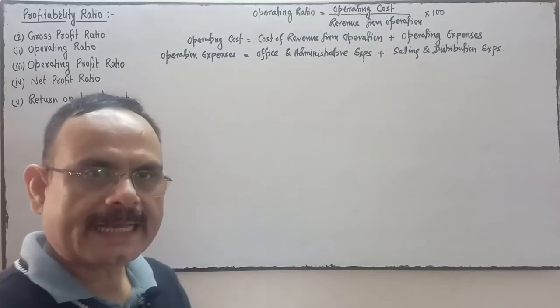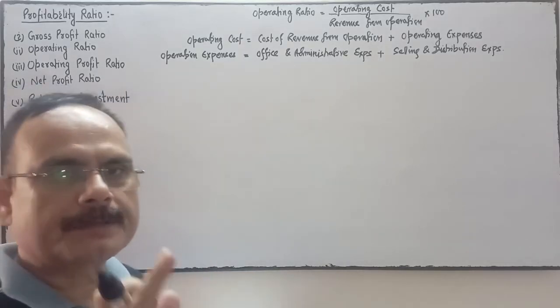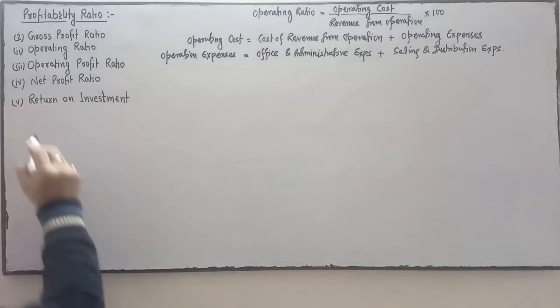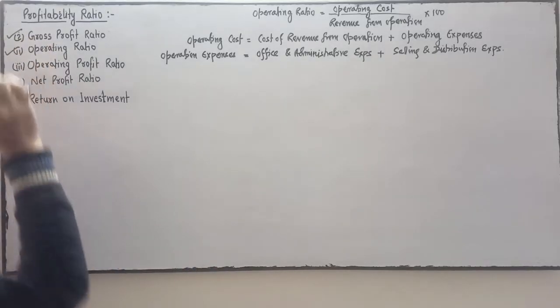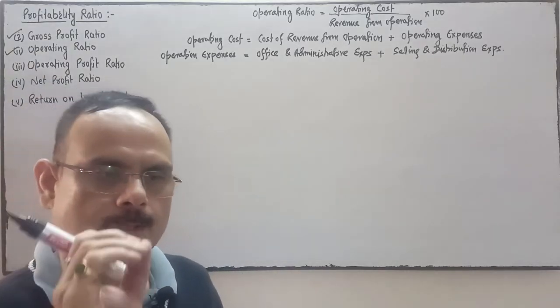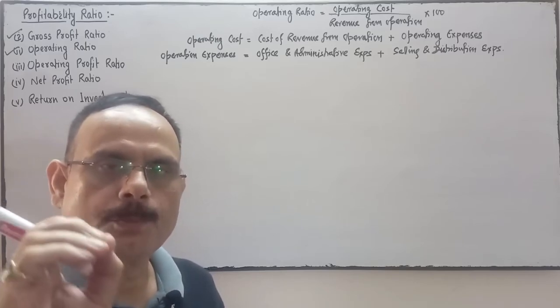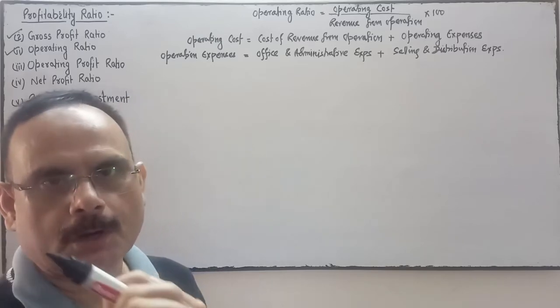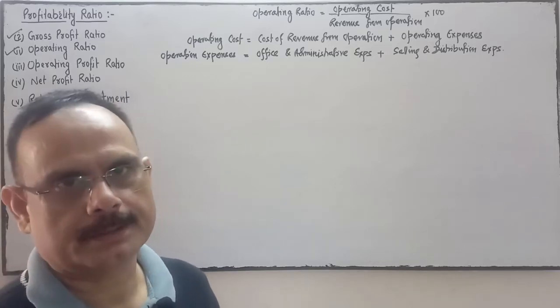Now coming to the next ratio in the profitability ratio. After gross profit ratio, next ratio is operating ratio. Operating ratio means cost of goods sold plus operating expenses upon revenue from operation into 100.